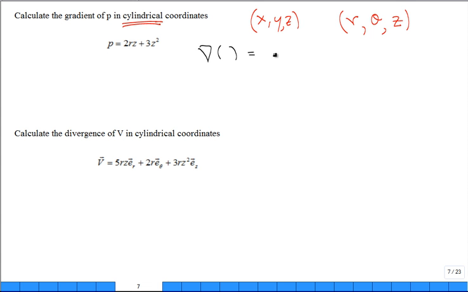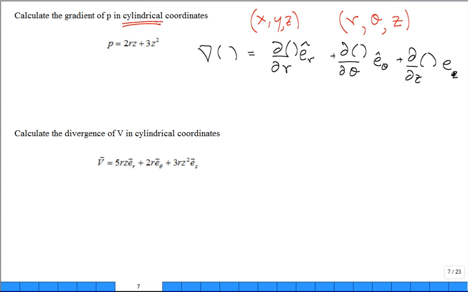What I do is I take the partial with respect to r, e sub r. What do you mean e sub r? A little unit vector in the plus r direction, true? And then probably the derivative of something with respect to theta, e sub theta. I'm trying to remember this from memory, right? And then something derivative with respect to z, e sub z, right?